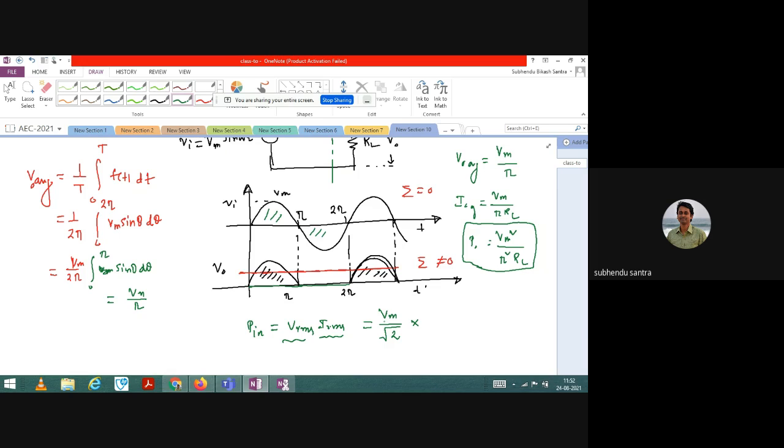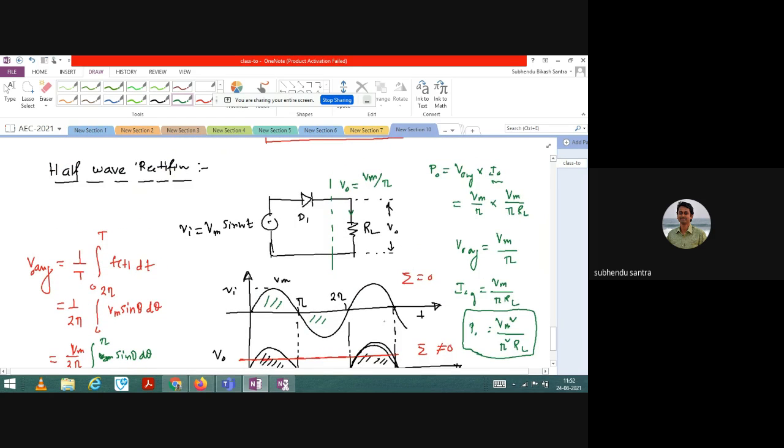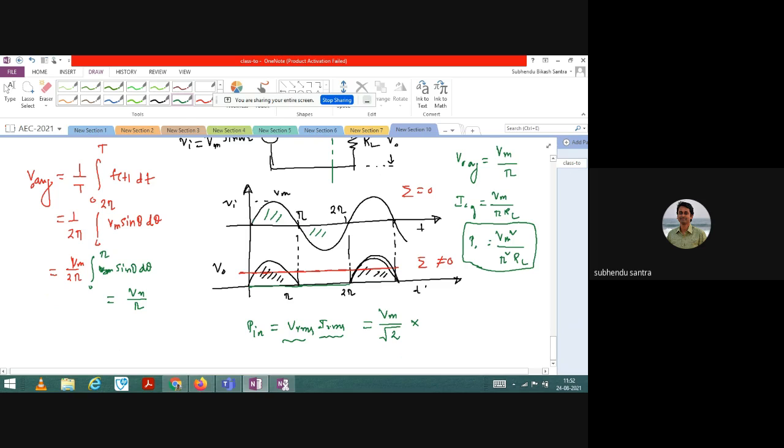This is the mistake. See, what is the Irms value? When the diode is working, this current is the same as the output current. Yes or no? If the diode is not working, then this current is 0. This is your input voltage, there is no problem.